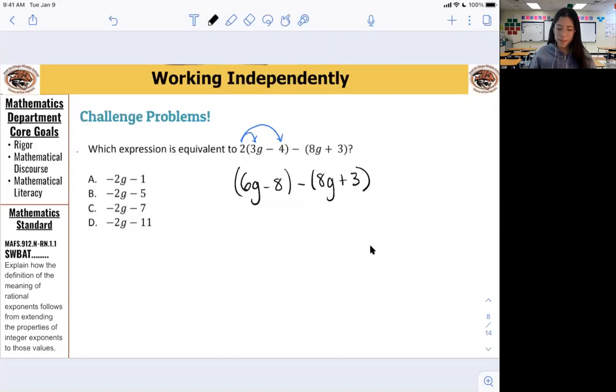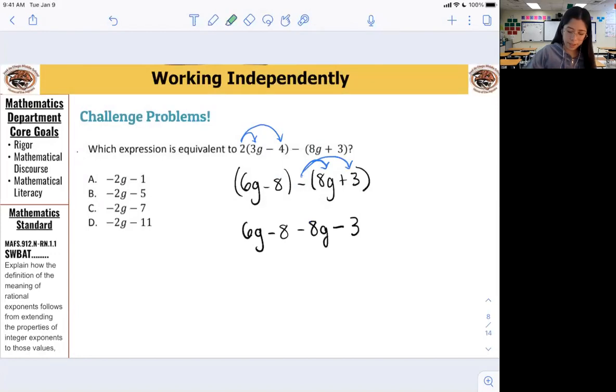So remember, at this stage, I'm subtracting. What do I have to do first? Distribute the negative and the 2. Good. Distribute the negative as well. Don't forget that part. And when you distribute the negative, it goes to everything on the inside of the parentheses. So when I rewrite this, I have 6g minus 8 minus 8g minus 3.